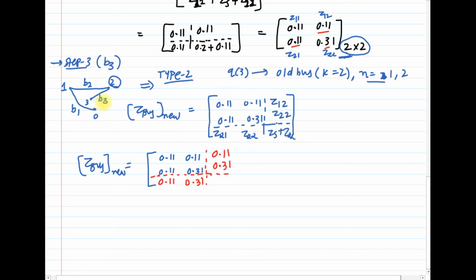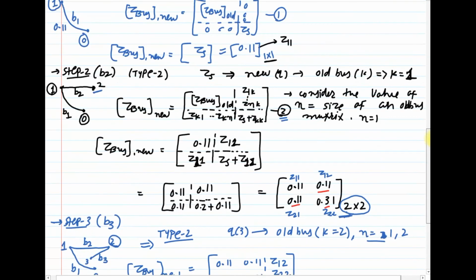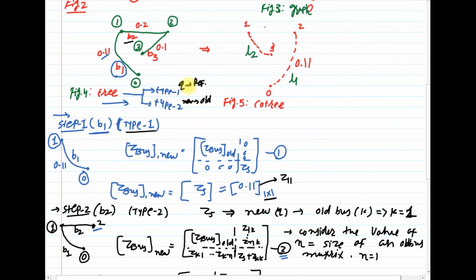Now Zs is equal to the value of the element which is added into the system. So here the value of B3 is equal to 0.1.